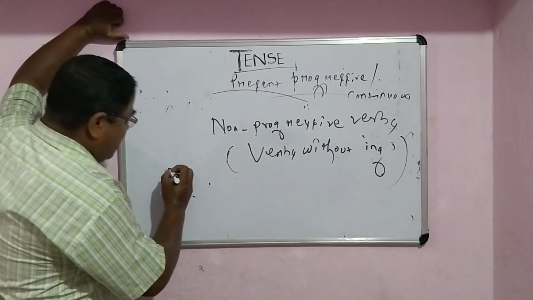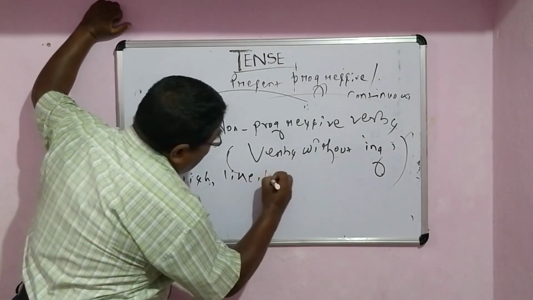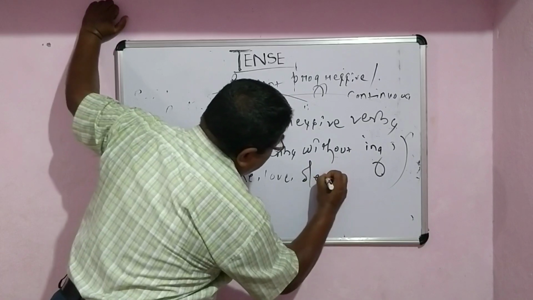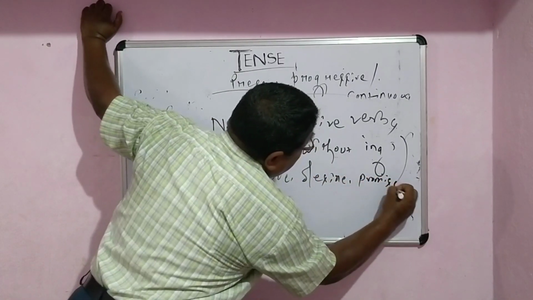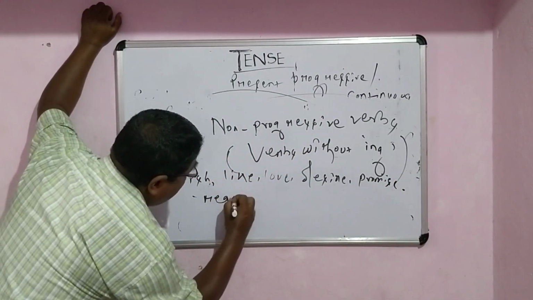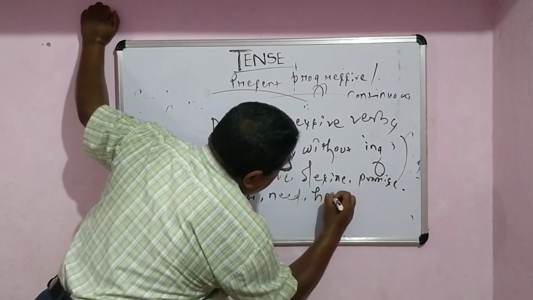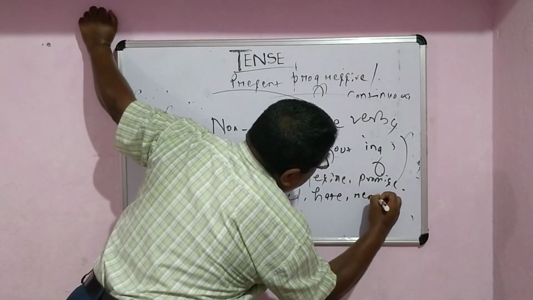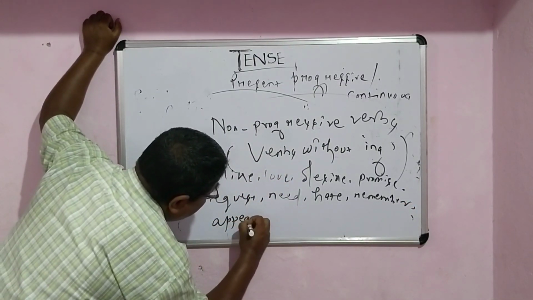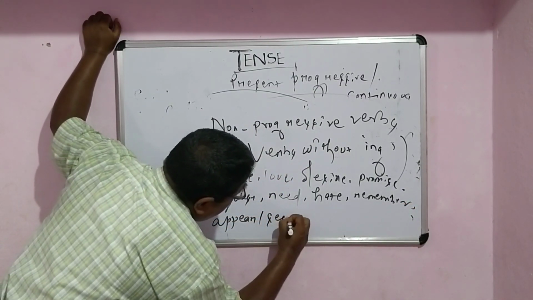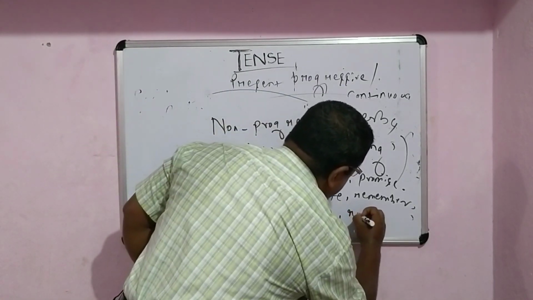What are these verbs? Suppose the verb wish is there, like is there, love is there, desire is there, then promise, request, need, hate, remember, then appear versus seem, look, resemble, which means take after.